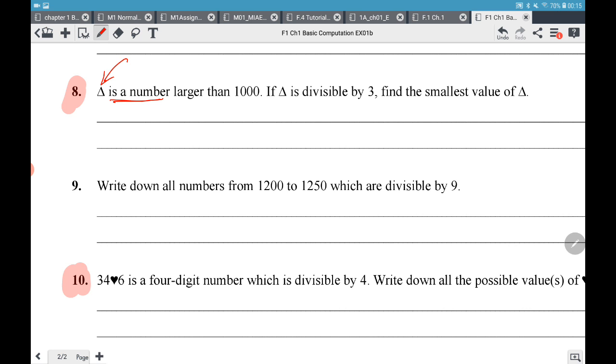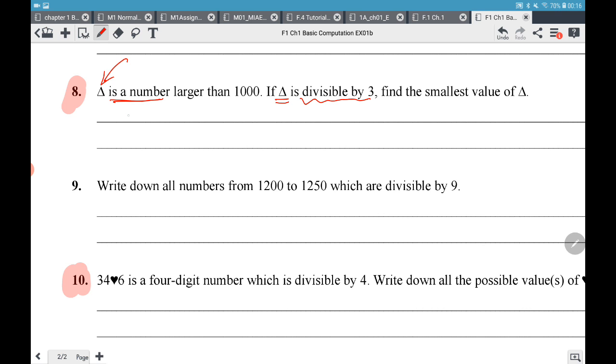That means it is 1000 something, for example 1010 or 1200, something like that. That is quite a large number. And if that number is divisible by 3, find the smallest value.